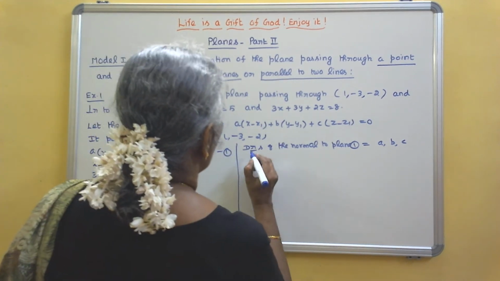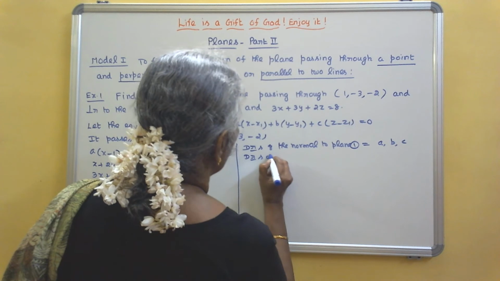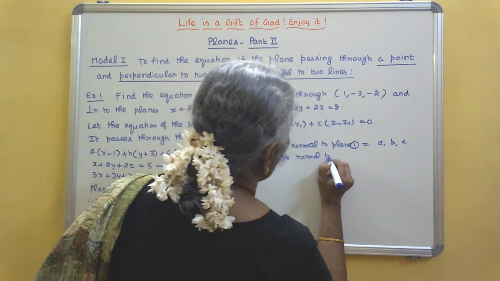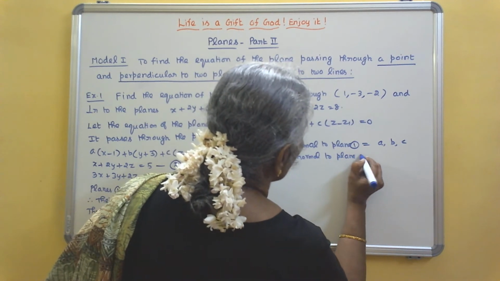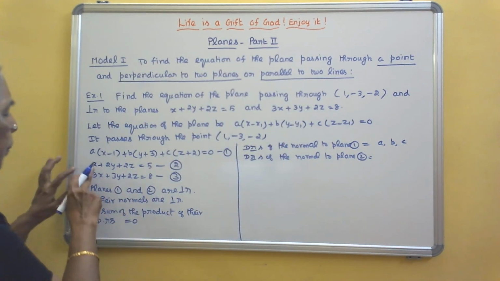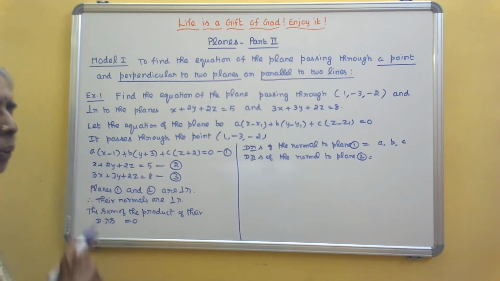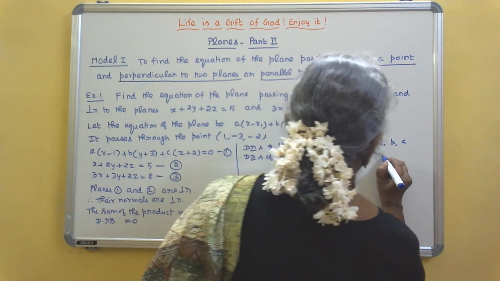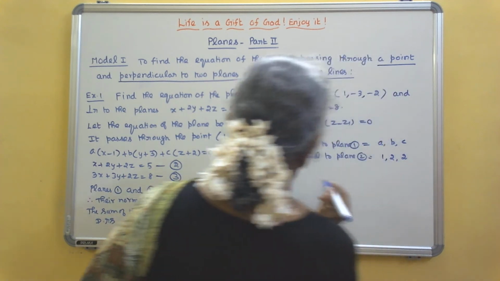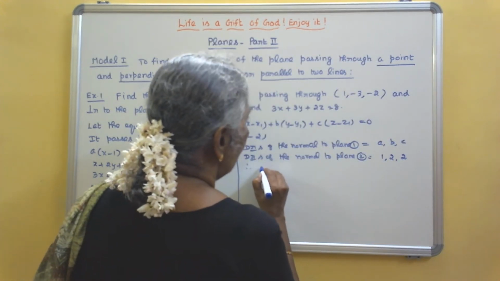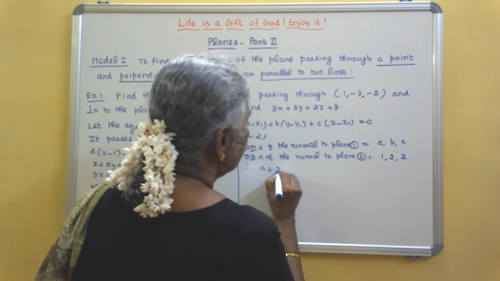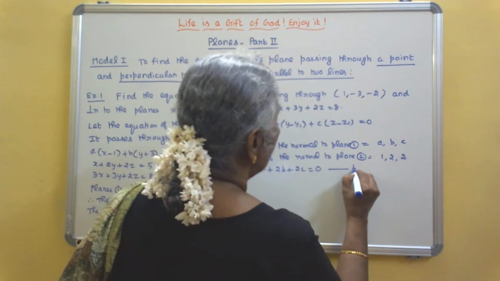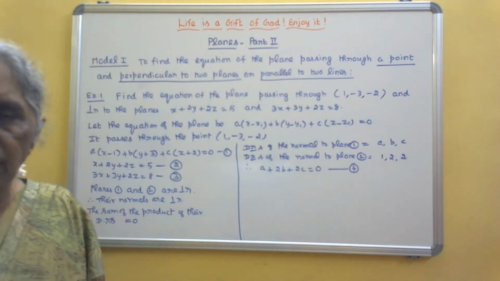Now, DRs of the normal to plane 2: 1, 2, 2, the coefficients of x, y and z. Therefore, we get 1 into a is a + 2b + 2c = 0. Mark this as equation 4.